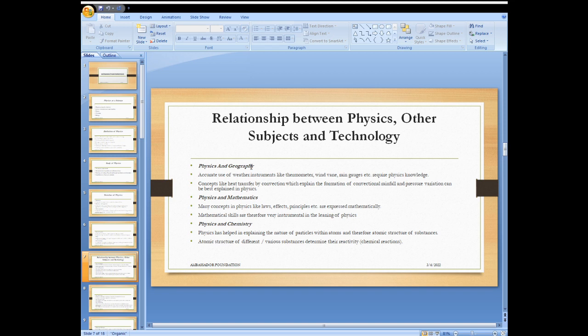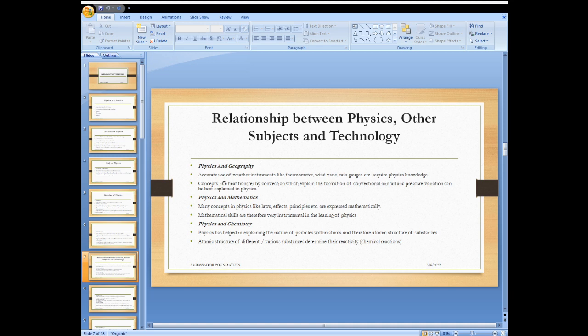When we talk about the relationship, maybe there is knowledge that physics borrows from a certain subject, or that another subject borrows from physics. That's what we are looking at. We know very well that geography is about weather. That's why the geography students walk around as if they can predict whether there is rain tomorrow or not. They behave like weather experts.